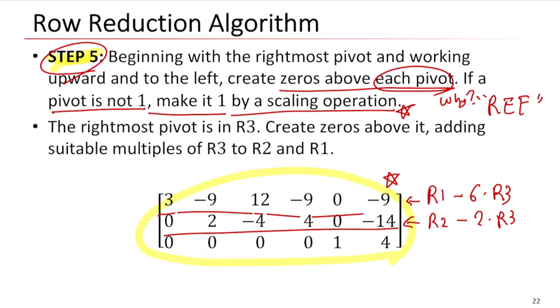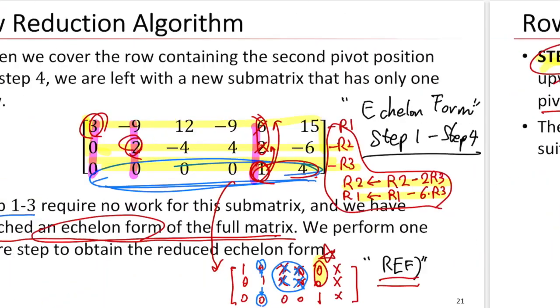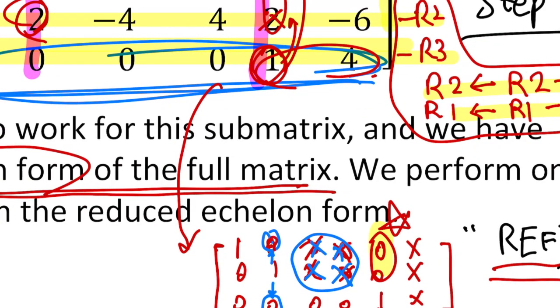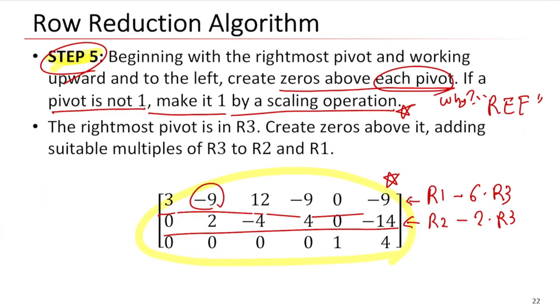Then what is the next step? We want to reduce this value because we want to make this part 0, right? To this end, we can do something like R1 plus 9/2 times R2, and then it is going to make this value 0.